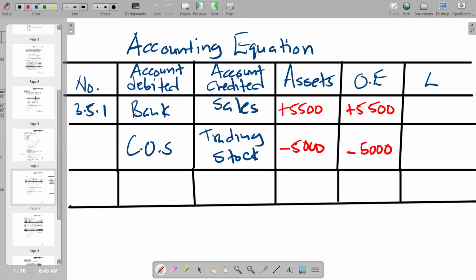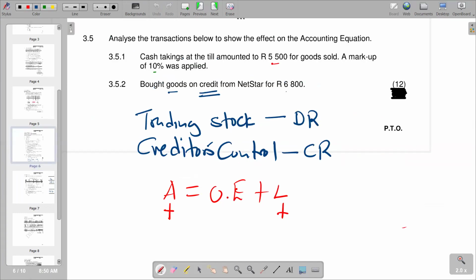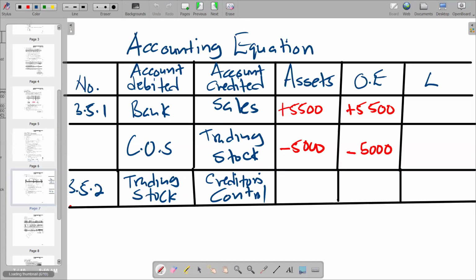We say 3.5.2, the account to be debited is trading stock, the account to be credited is creditors control, and our amount is 6,800. Trading stock is part of our assets, and it's going to be a plus, so plus 6,800. And it's also affecting liabilities by being a positive 6,800.